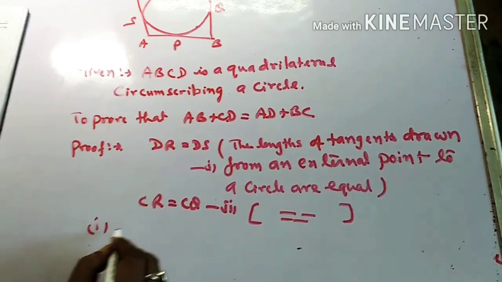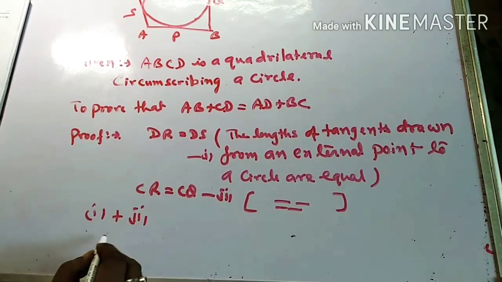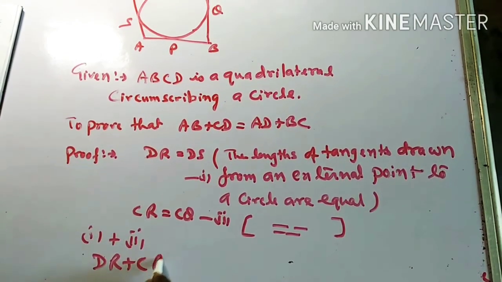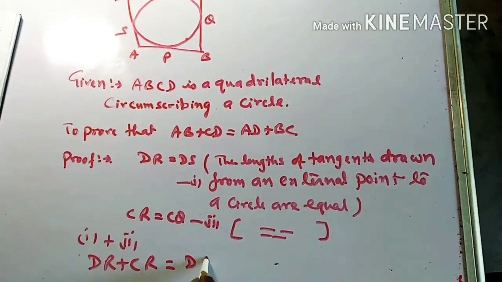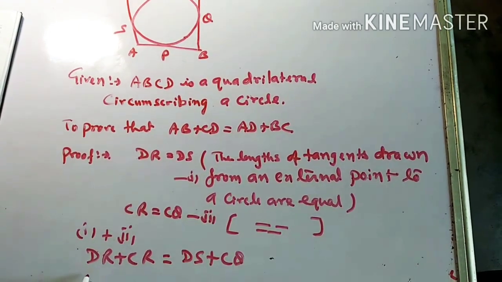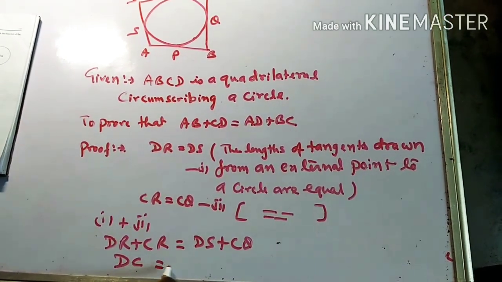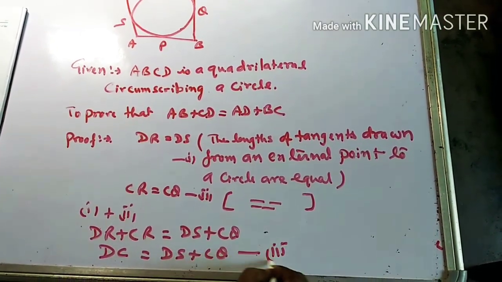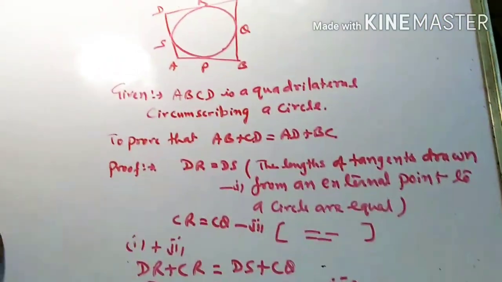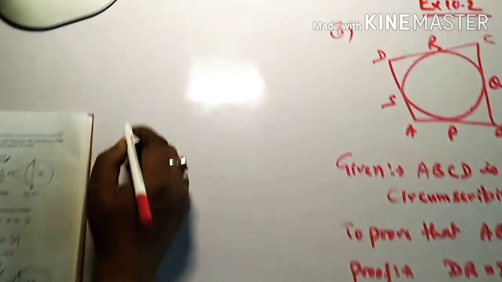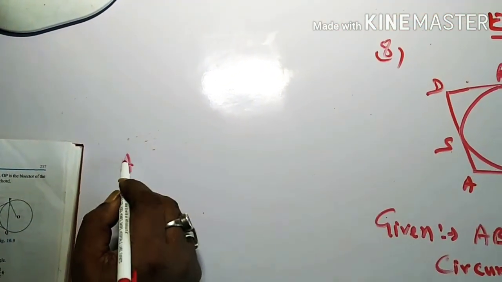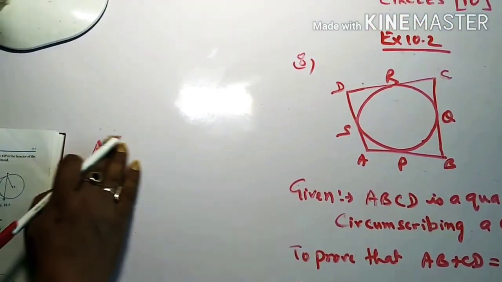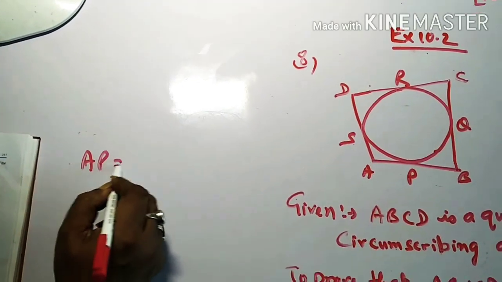Now 1 plus 2, that is DR plus CR is equal to DS plus CQ. So DR plus CR, this is DC, is equal to DS plus CQ, equation 3. Now see, again, AP is equal to AS.